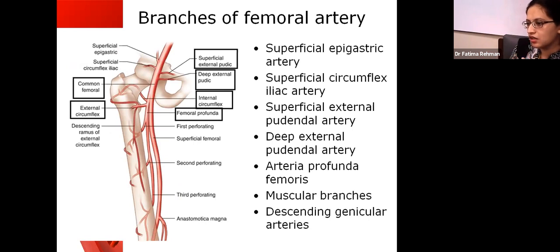circumflex iliac, external pudendal, internal deep external pudendal. The upper four arteries, that's the external pudendal and the circumflex iliac and the epigastric arteries, they are associated specifically with the region of the groin, with the region of the perineum, and they are associated with giving off the blood supply to the overlying skin, subcutaneous tissue, fascia of that specific part, as well as the deeper structures which are located inside it, like the inguinal lymph nodes.